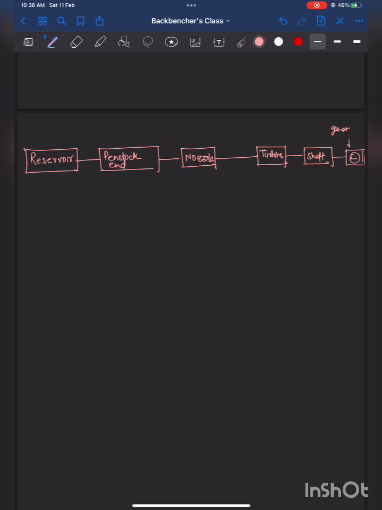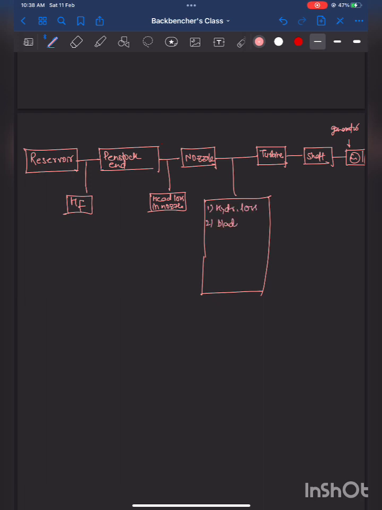After the nozzle, water goes to the turbine. There can be hydraulic losses, blade friction loss, eddy formation, energy content of water leaving, and leakage loss. These are the losses which occur after the nozzle. Then the power is transmitted to the shaft, which has a mechanical loss like loss associated with the bearing. Finally, power generation takes place at the generator, where there is some generator loss. So this is the basic idea of how water travels in a Pelton turbine.